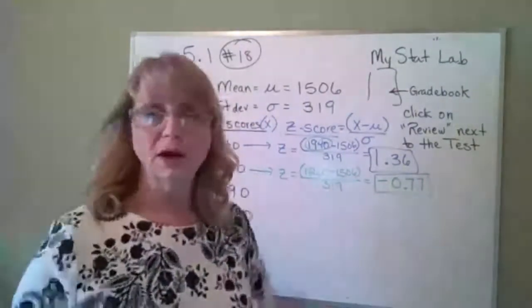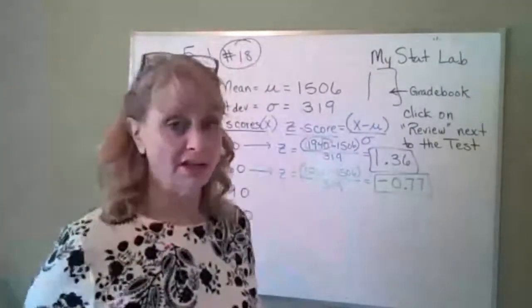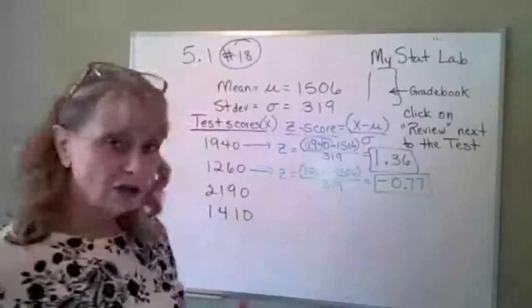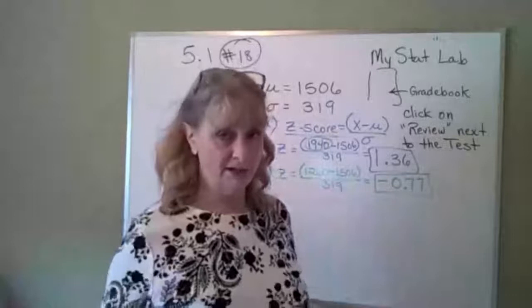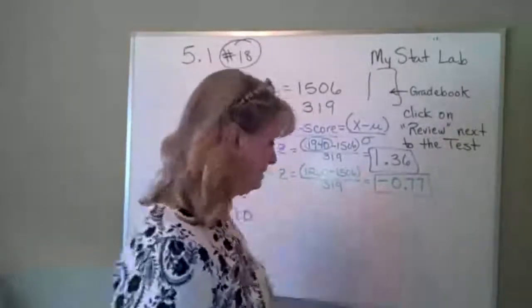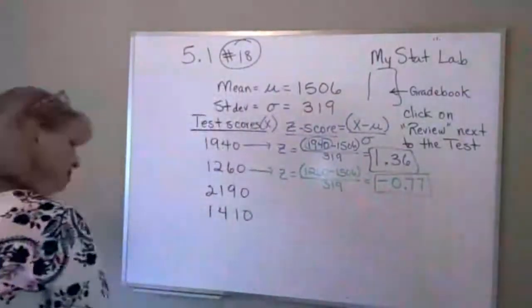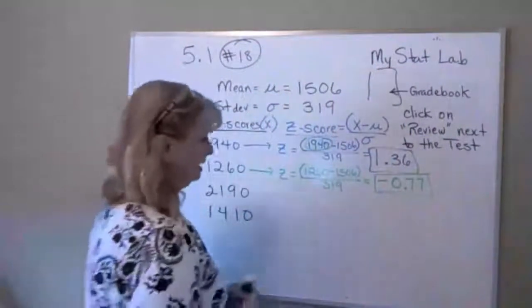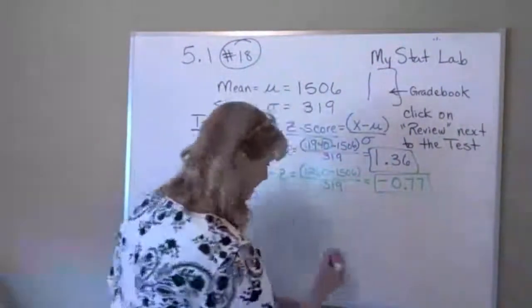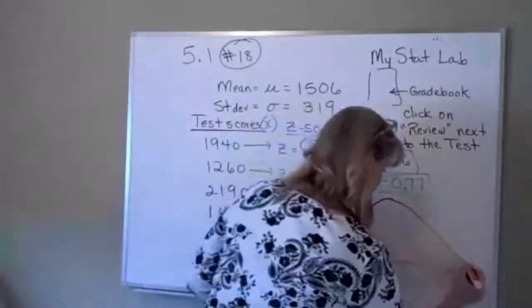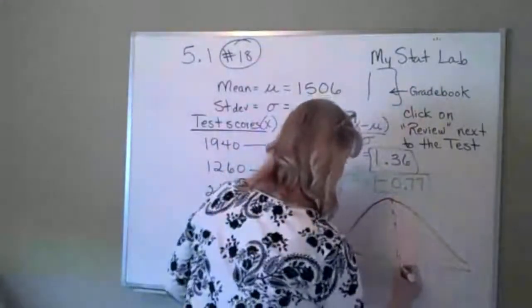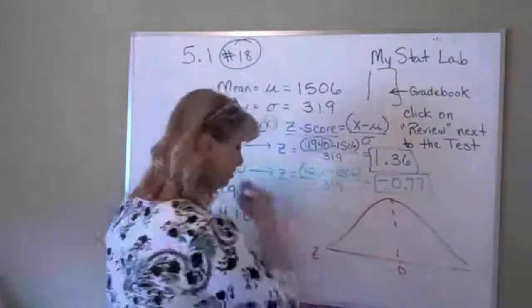Let's jump to the last question. Then it's going to want to know which ones are unusual. So unusual, remember, is when the probability is less than or equal to 5%. When you're talking about z-scores, I think I mentioned this last time, but when you look at your normal curve, here's a z-score of 0.